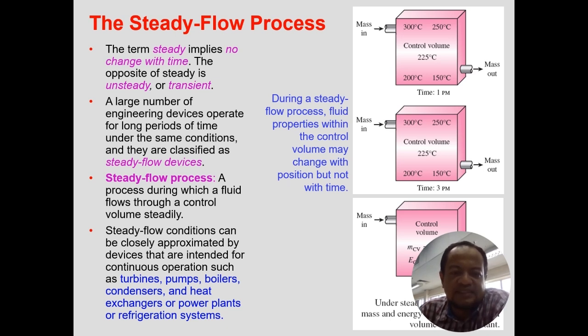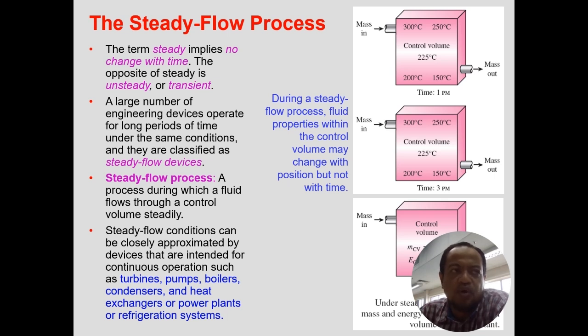A steady flow process is a process during which a fluid flows through a control volume steadily. The steady flow condition can be closely approximated by devices intended for continuous operation, such as turbine, pump, boiler, condenser, and heat exchanger, or a power plant or a refrigeration system.